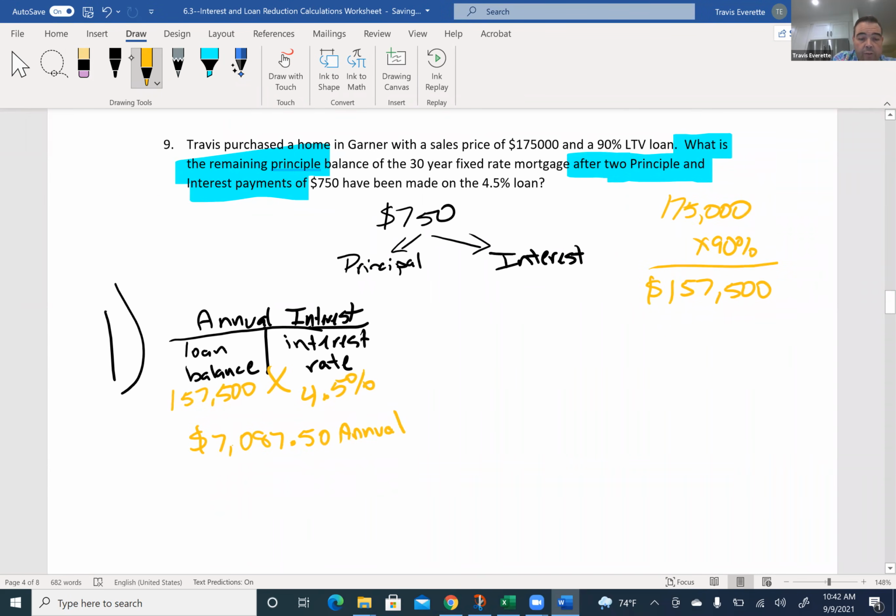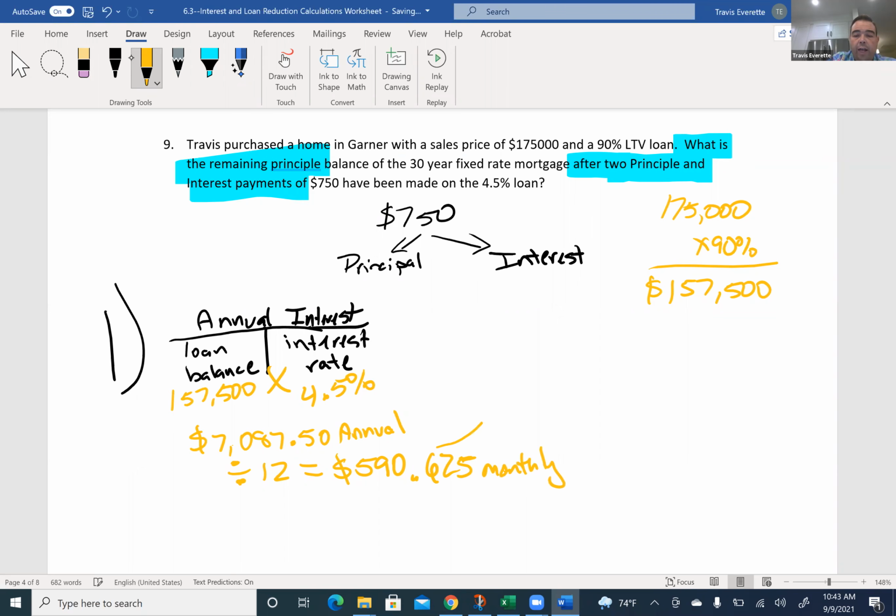We're going to divide this by 12, and that's going to equal $590.30 and about 63 cents. You can say 0.625 if you don't want to round. We'll just leave it unrounded. But if you did 62 cents, it's fine. If you did 63 cents, it's fine. In monthly interest.